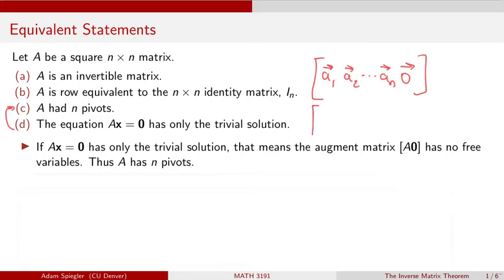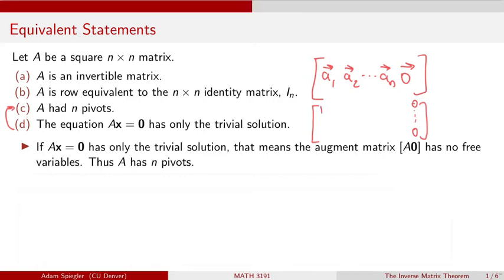We can do some row operations on this augmented matrix. No matter what operations we do, since this last column is all zeros, we're going to be interchanging rows that have 0 in the last column, or adding and subtracting 0 from each other. So whatever row operations we do, that last column is always going to consist of all zeros.